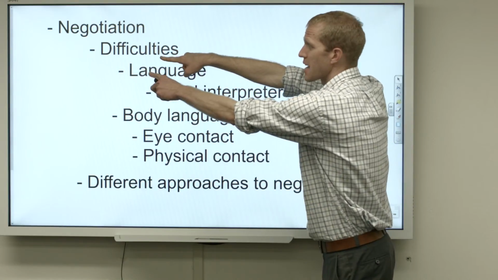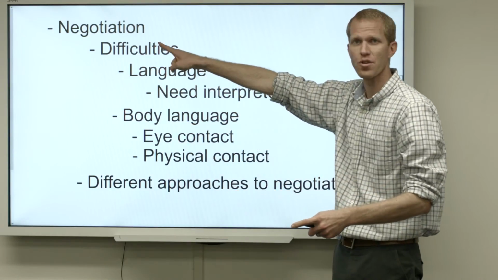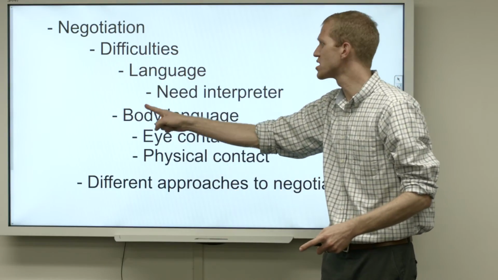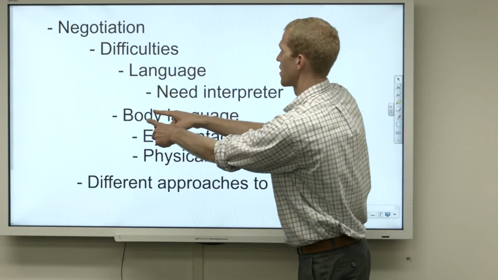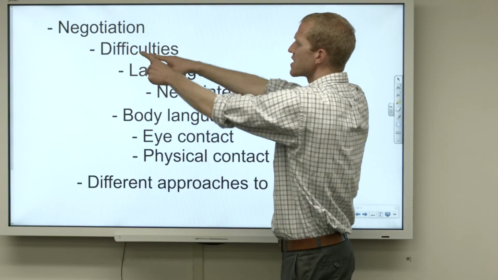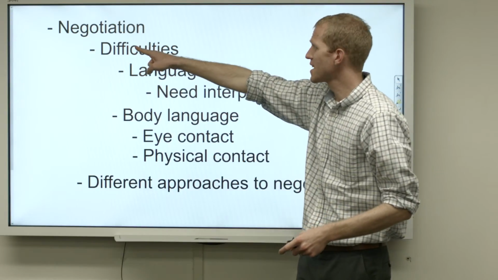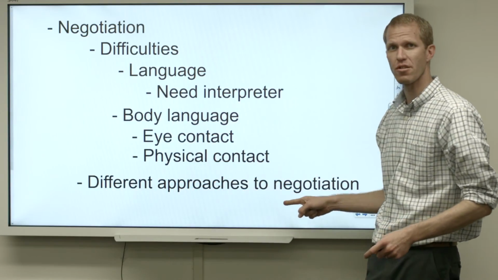Now I'm going to skip this. I see here another difficulty is not only language but specifically body language. And again, I see for negotiation there were difficulties. Another main topic was different approaches to negotiation.